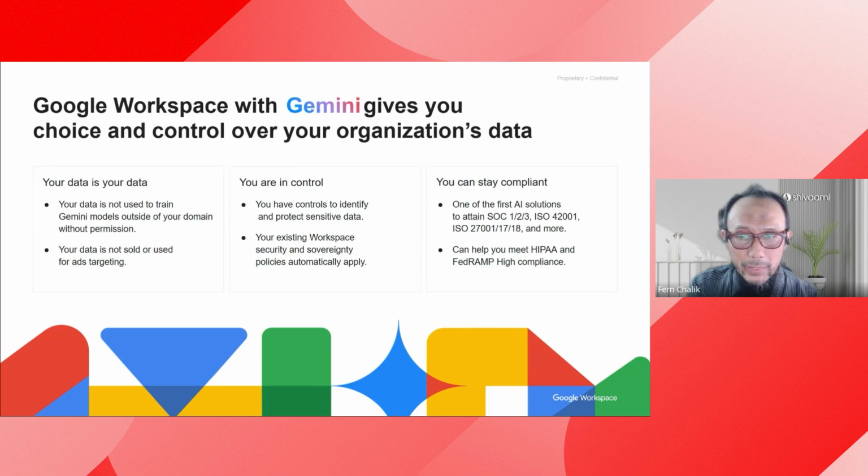Workspace with Gemini and the Gemini app are among the first generative AI productivity solutions to earn a comprehensive set of safety, privacy, and security certifications, including SOC 1, 2, 3, ISO 27001, 27017, 27018, and can help you meet HIPAA compliance as well.